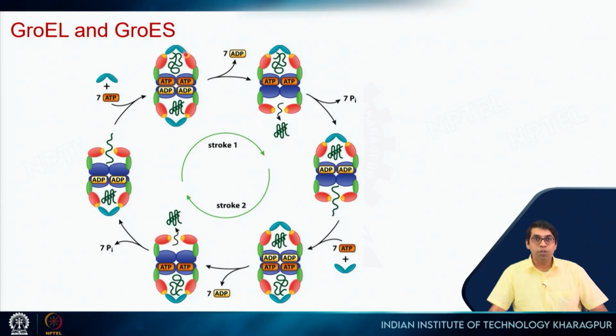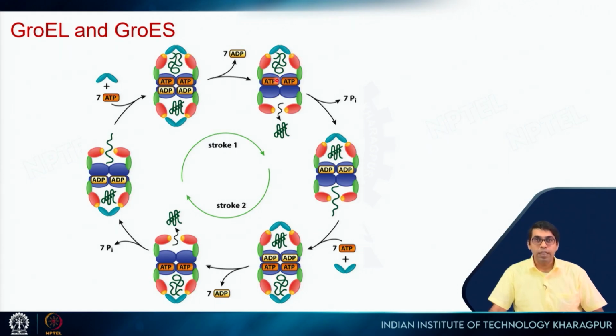Once this lid is closed, these 7 ATP molecules are hydrolyzed to ADP, and that energy is used to change the conformation of the 7 subunits, where initially the inside is hydrophobic and now it becomes hydrophilic. So this mimics the aqueous environment.